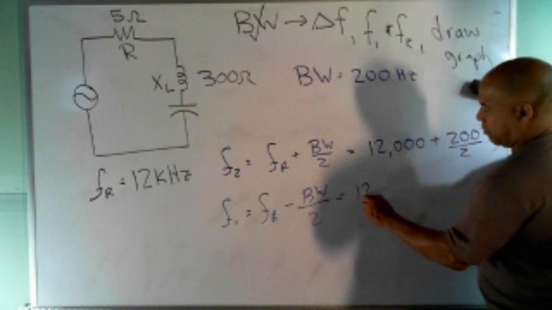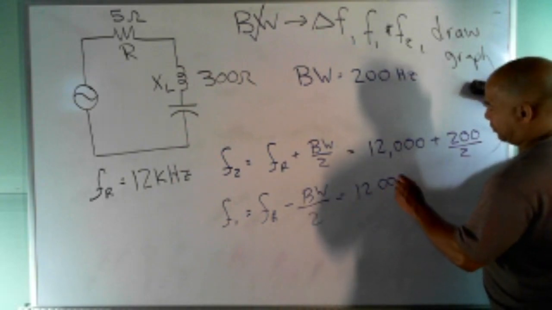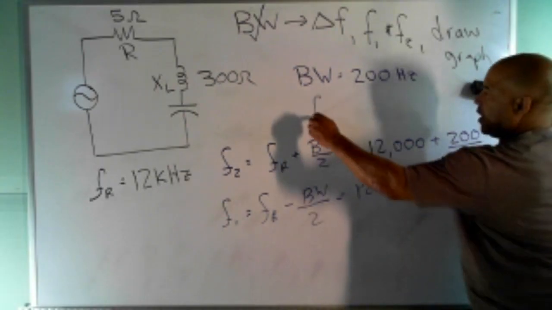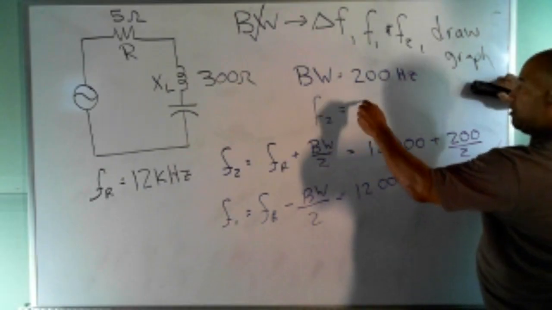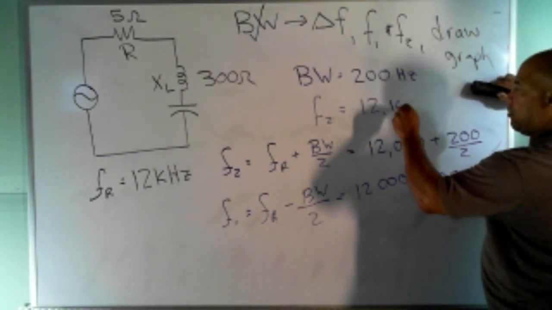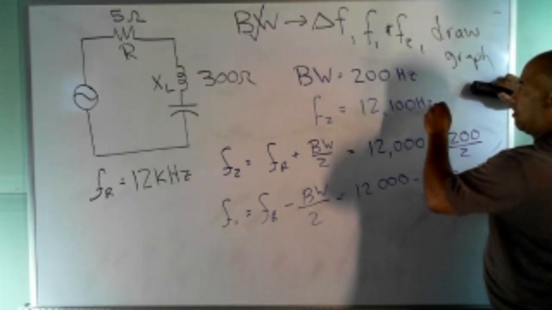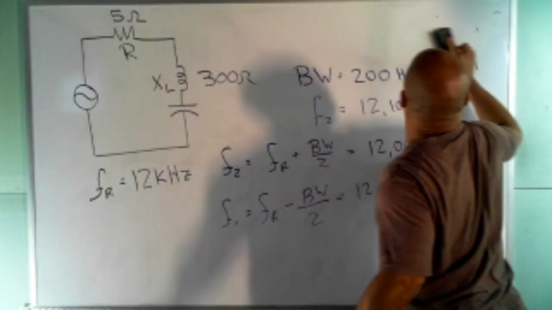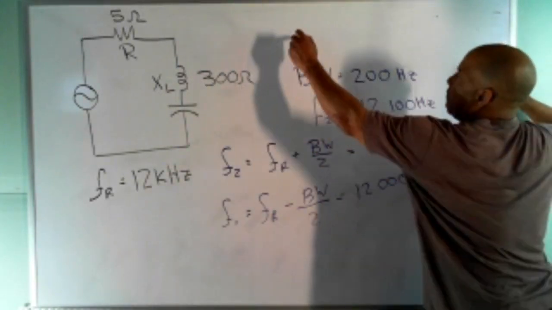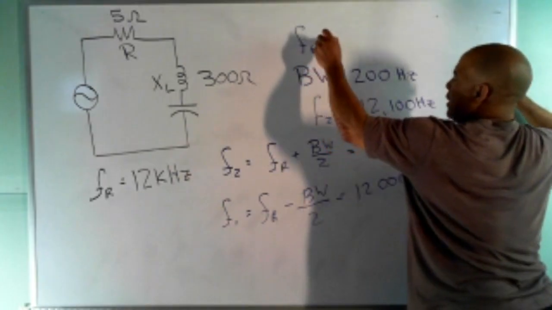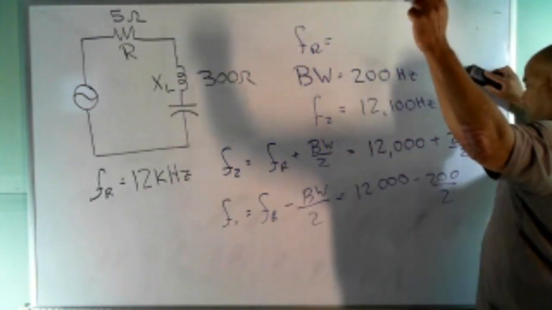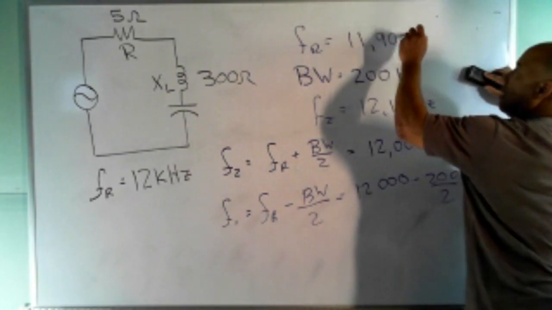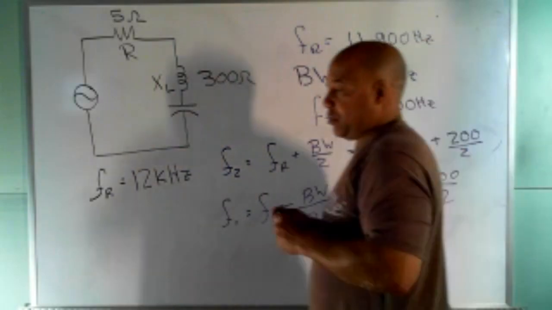And this is going to be 12,000 minus 200 over 2. So for F2, we get 12,100 hertz. And for F1, we get 11,900 hertz.